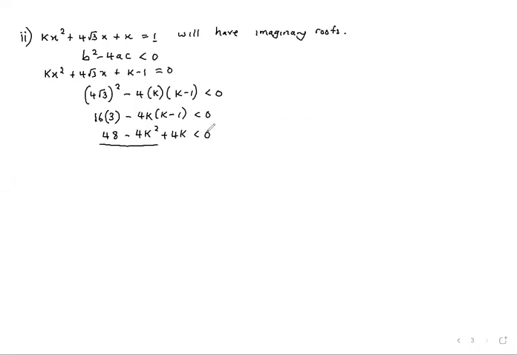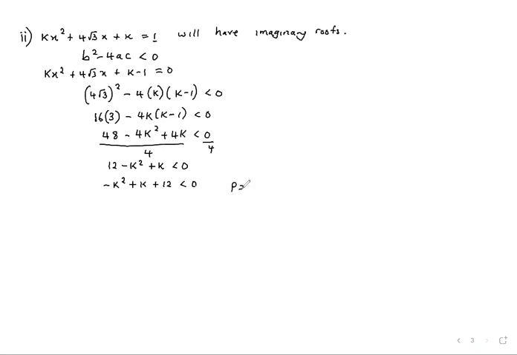Now we have a common number 4, which can be divided because of this 0 here. So we'll have 12 minus k squared plus k is less than 0. This can be written as k squared plus k plus 12 less than 0.